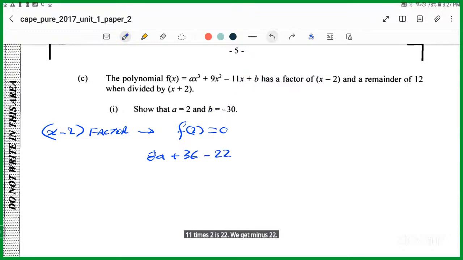Plus this b, and that's equal to 0. So this becomes, what is that, 14? 36 minus 22 is 14, and it's 8a plus b. So this reduces to 8a plus b plus 14 equals 0. That's one equation.